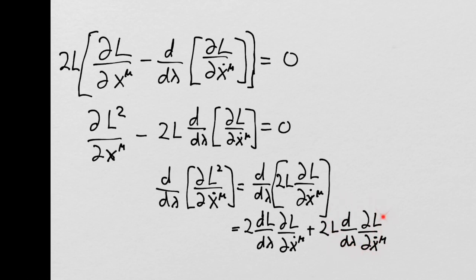But the reason this is important is this guy right here looks exactly like that guy right there. And indeed, we're going to make that substitution by, we're going to flip everything around and solve for this guy.